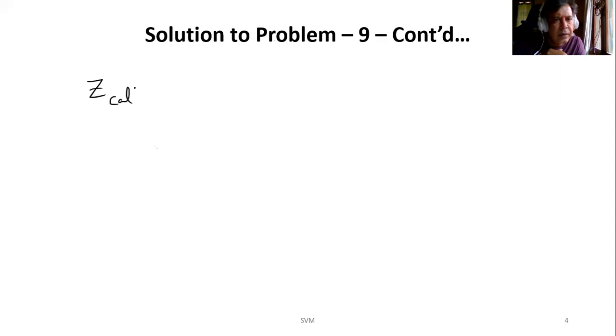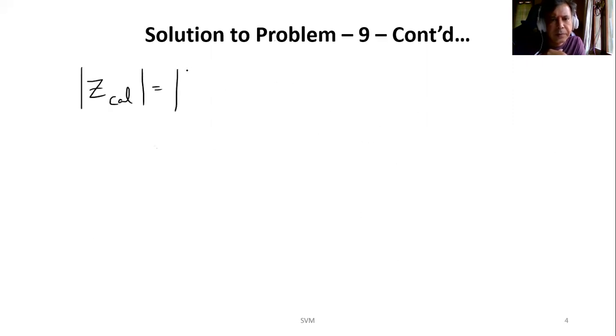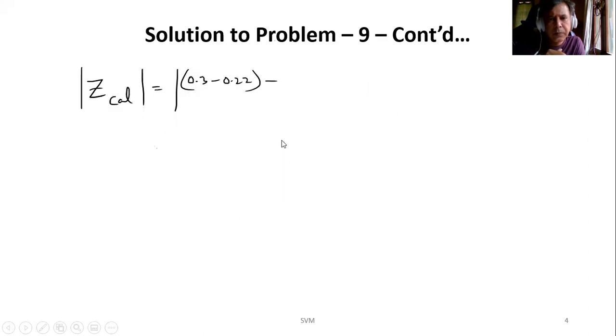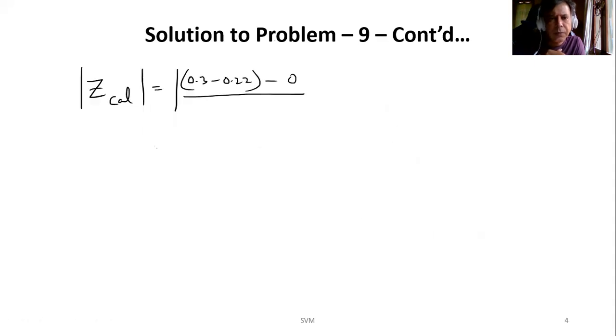Z cal under modulus will be modulus of P1 cap, P1 cap is 0.3, minus 0.22, minus this P1 minus P2 under H naught, we already know it is 0, divided by standard error 0.072.